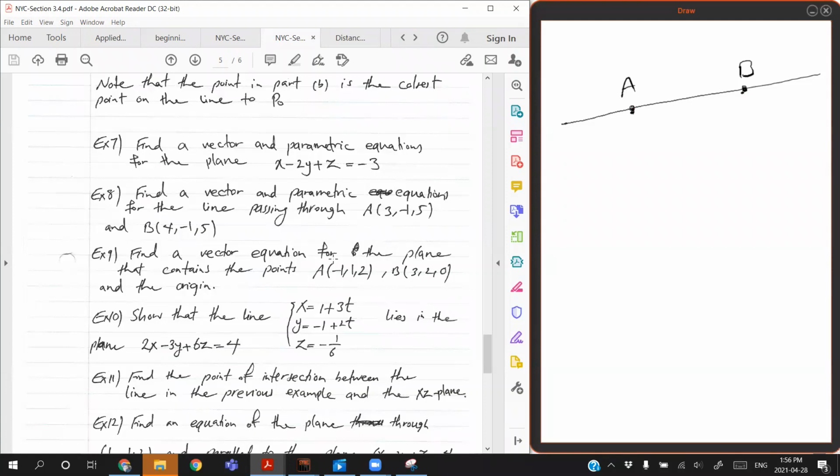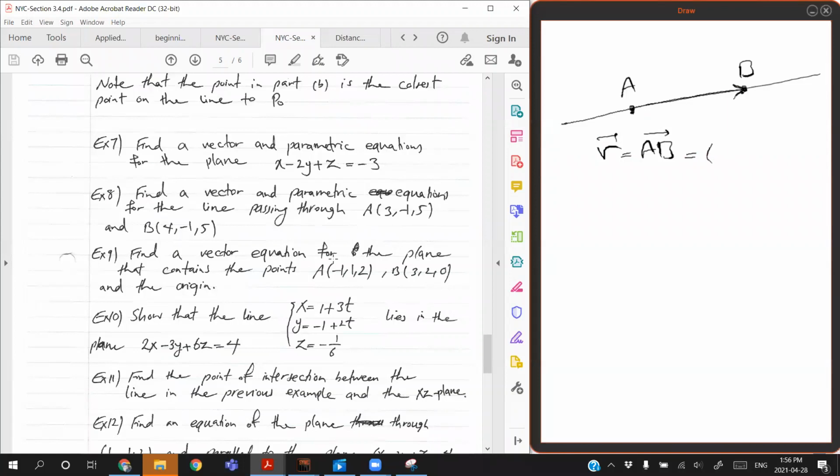You only need one point and a vector that is parallel to the line, and the vector that is parallel to the line is AB, right? So I can take V to be the vector AB. If both A and B are on the line, then AB will be parallel to the line. And in this case, AB is going to be what?